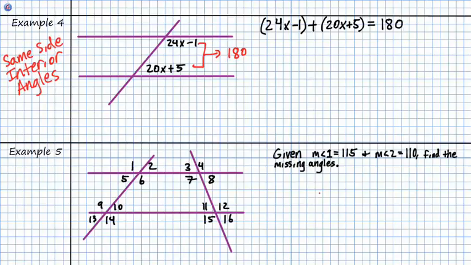Alright, so now let's consolidate our algebra a little bit here. So 24 plus 20 gives us 44x, and then we have 5 minus 1, that'll give me 4. And now I have 44x plus 4 equals 180.